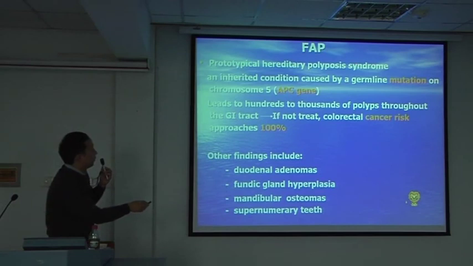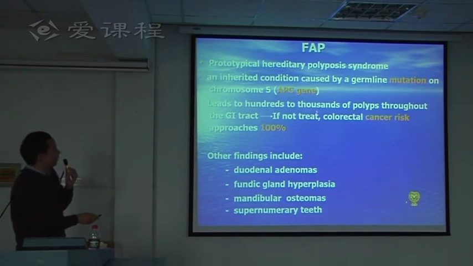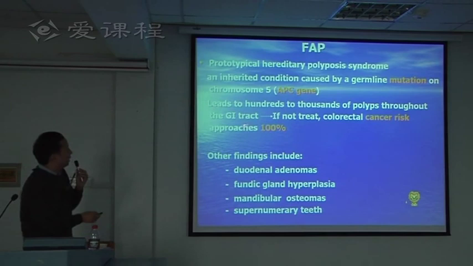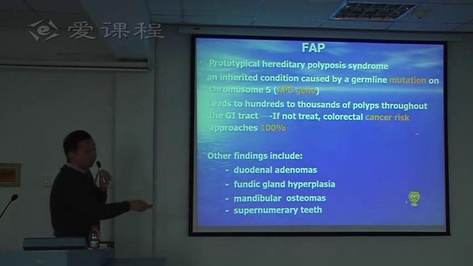So FAP is the prototypical hereditary polyposis syndrome, with APC gene mutation. It can cause colorectal cancer 100%. Most people, if they reach the age of 40, will develop colorectal cancer.